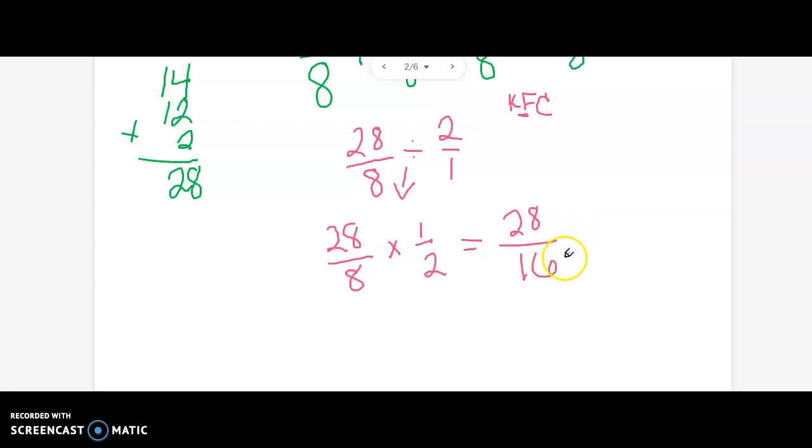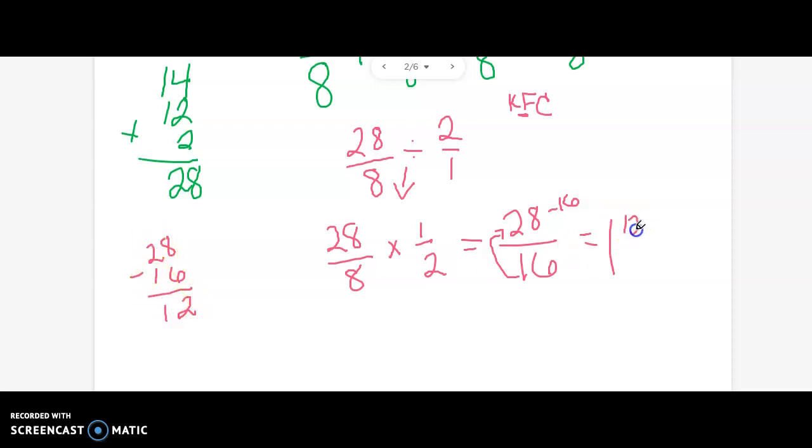So I need to simplify that. That's an improper fraction. So let's see here. 16 can go into 28 one whole time, and then I'm going to take 16 away from 28. And if you can't do it in your head, it's okay to come over here and do the subtraction just to make sure you're right. 8 minus 6 is 2. 2 minus 1 is 1.